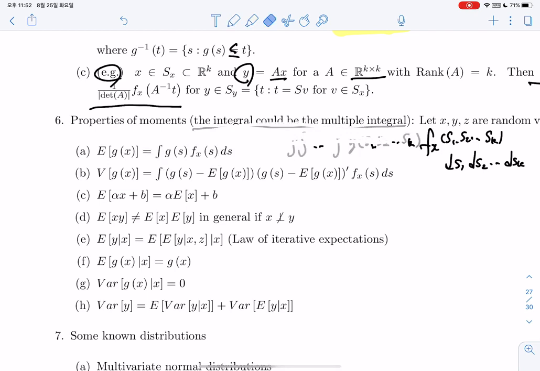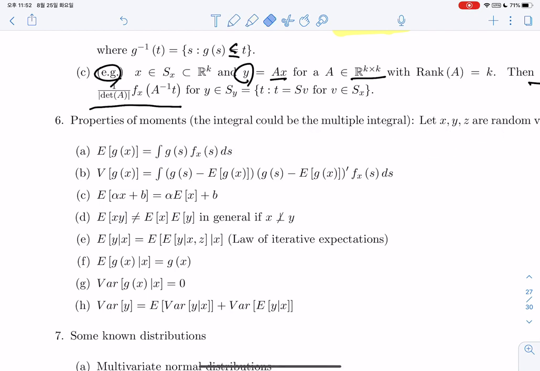Keep in mind that when you read this part, the integral here may mean multiple integral. Okay, first property of moment is it's linear. It's a linear operation.